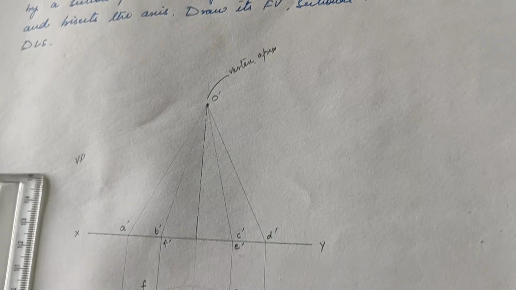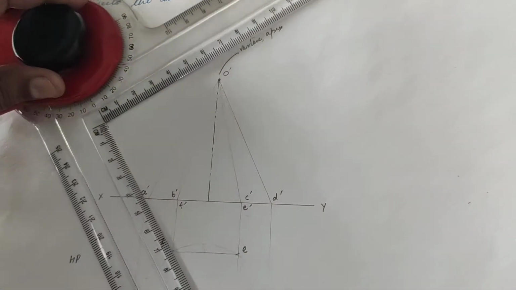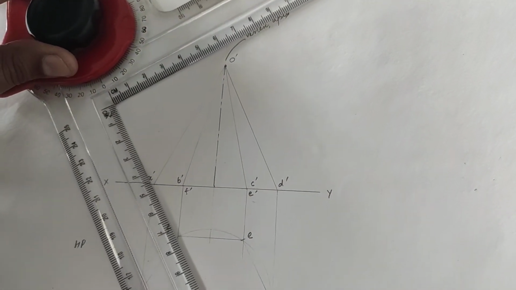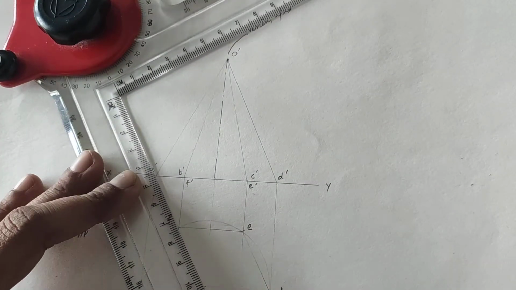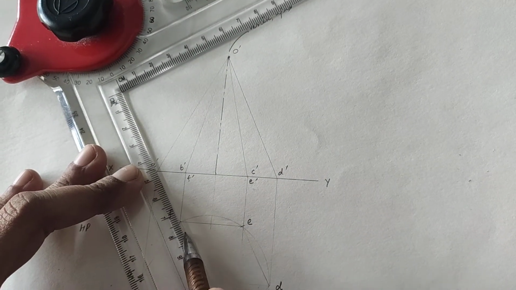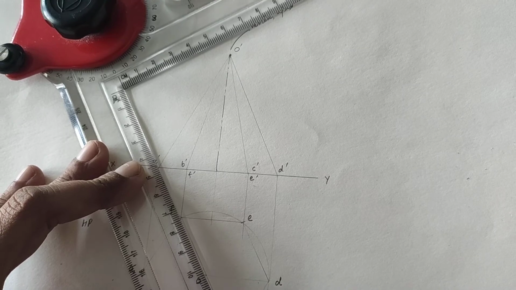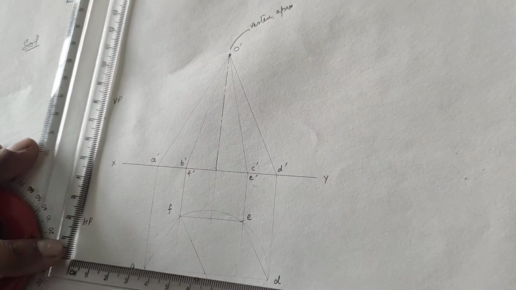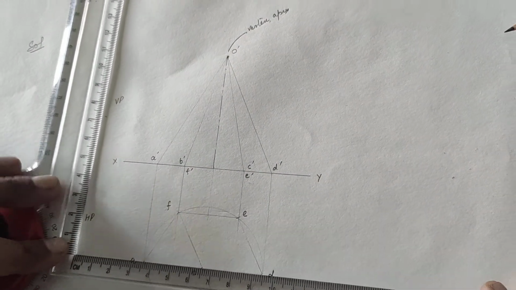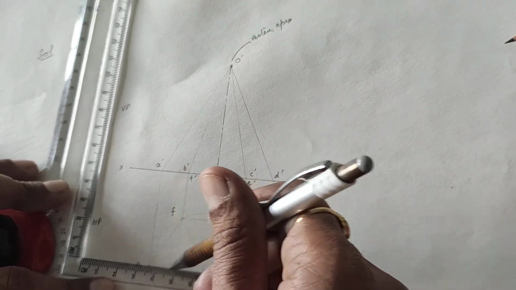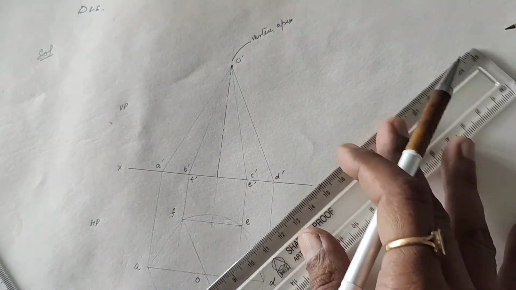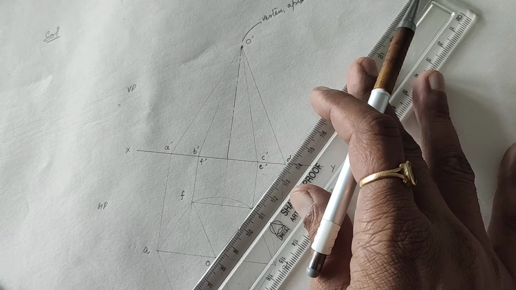Okay, and in the same way, join all the points in the top view with O, again with continuous thin lines or faint lines.